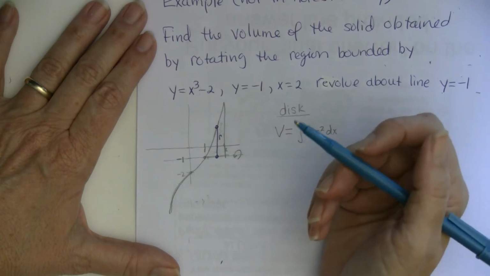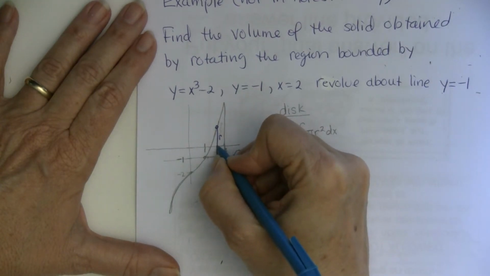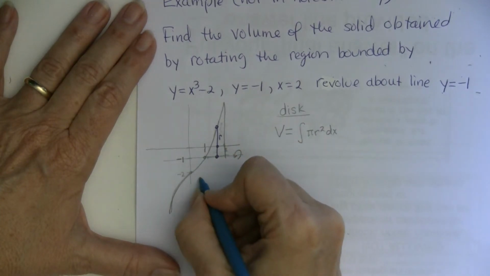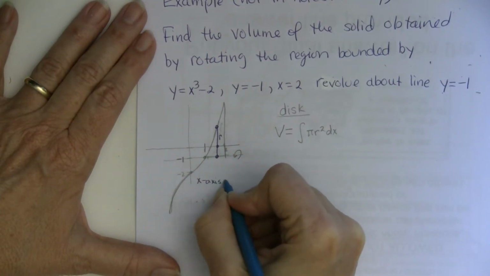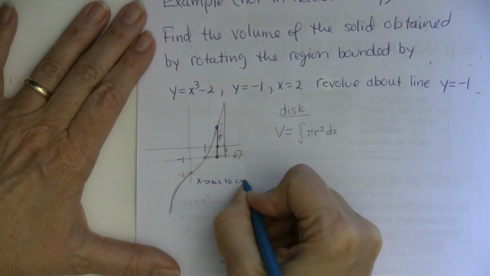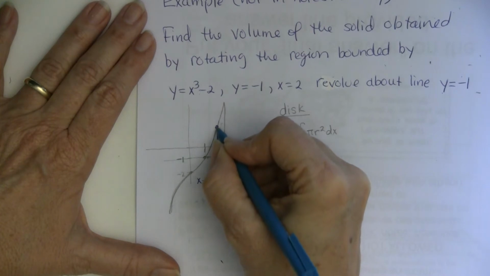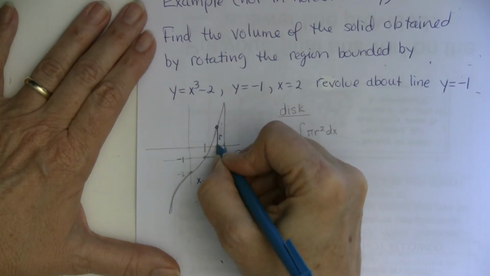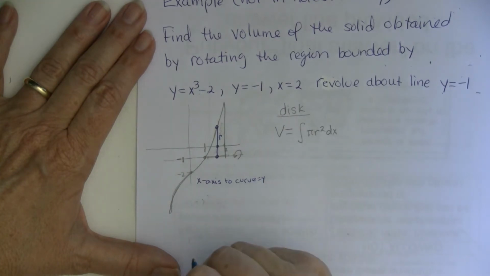And so remember the distance that goes from the x-axis to the curve, do you guys remember what that distance is called? From here to here. That distance is called y.